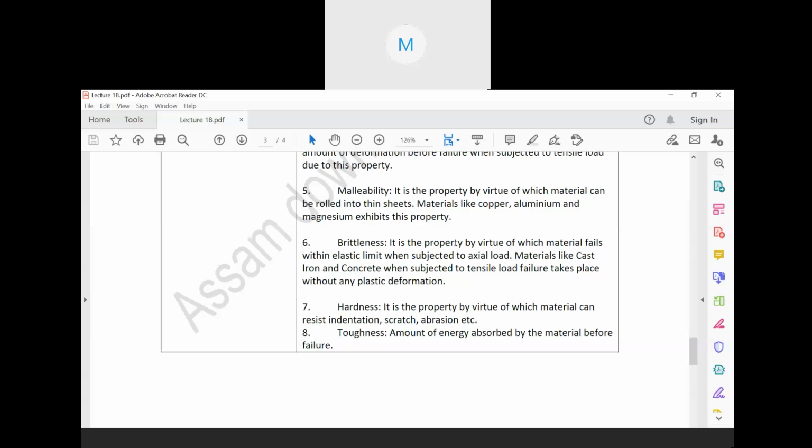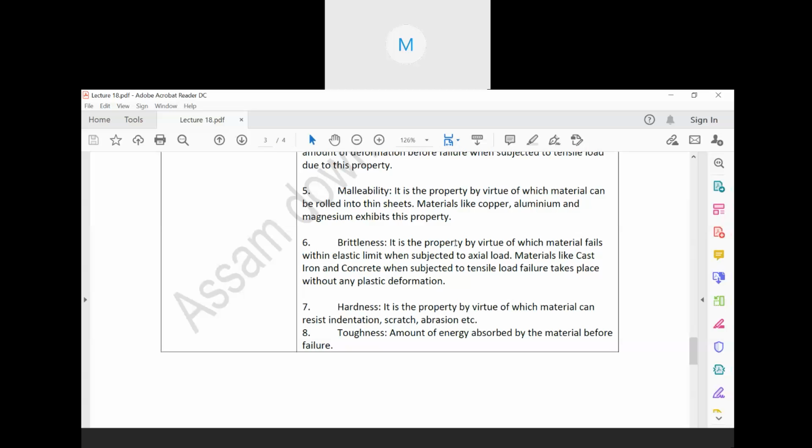Malleability and brittleness. Malleability means it can be drawn into sheets, like you put it under a hammer and it can be rolled into thin sheets. For malleability, materials like copper and aluminium exhibit this property. Then comes brittleness.